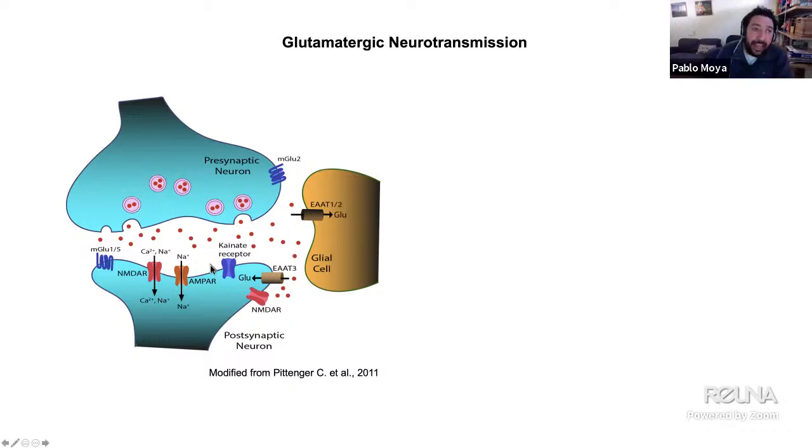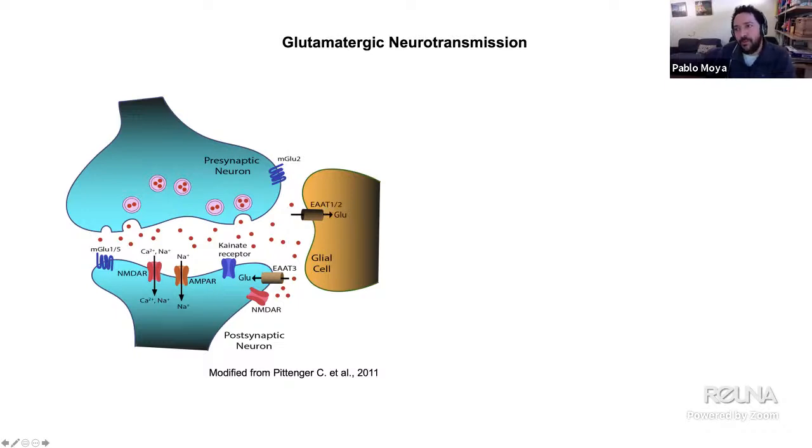Glutamate must be tightly controlled, temporally and spatially, and that's what the glutamate transporters do. They participate in glutamate clearance, and we have learned that the biggest contribution is due to the excitatory amino acid transporters located in the glia.